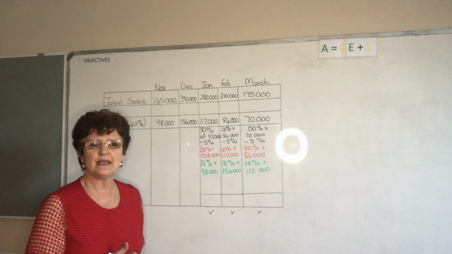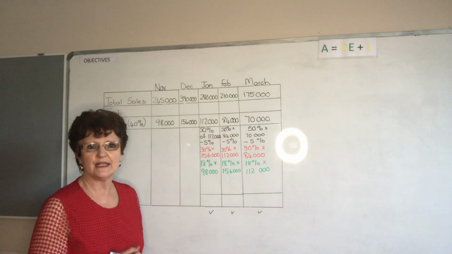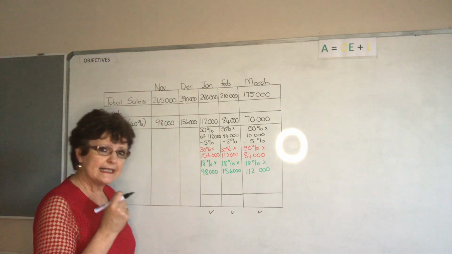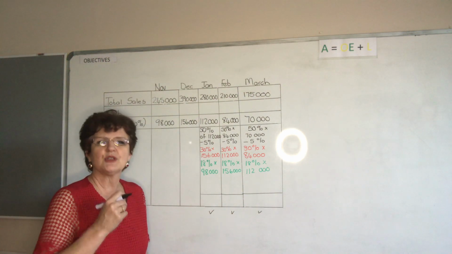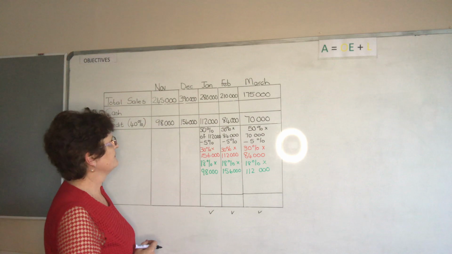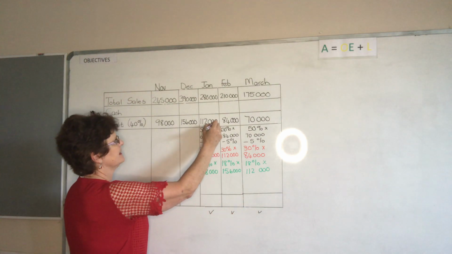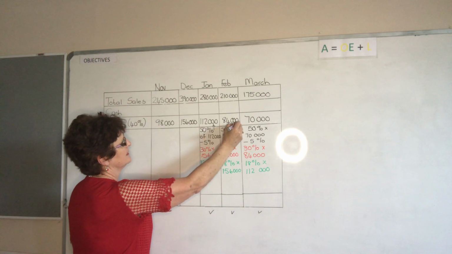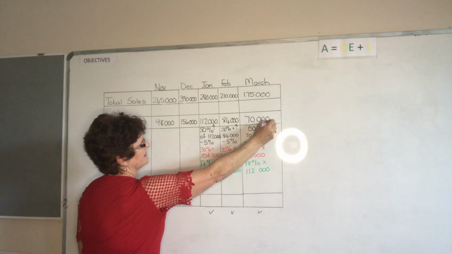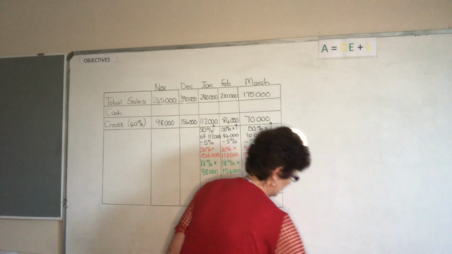So that's the first step in working out your debtors collection schedule. Just stick to the pattern, and I'm sure you're going to be able to do this very quickly. Let me just circle this again. This is in the month, in the month, in the month, according to our information.